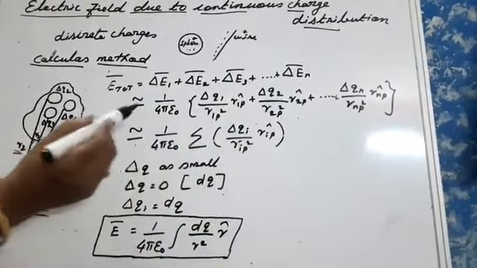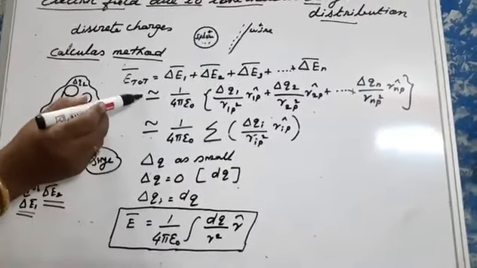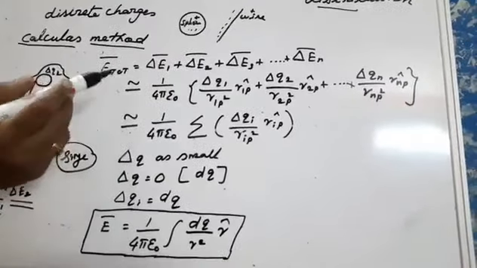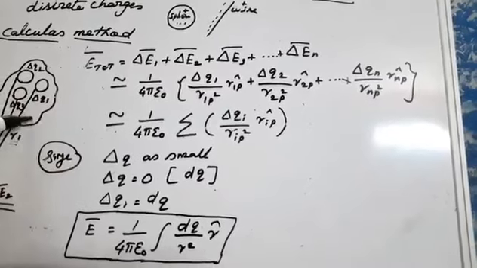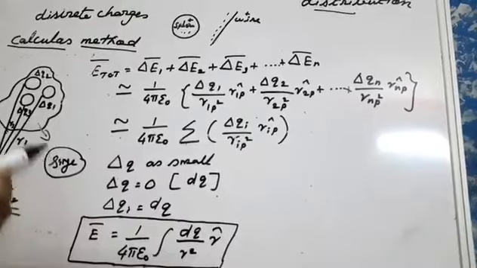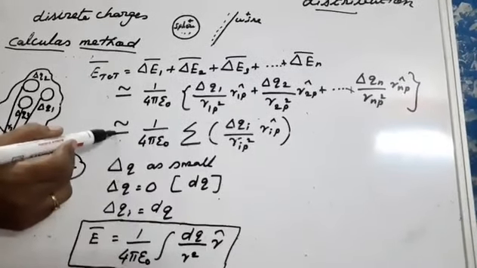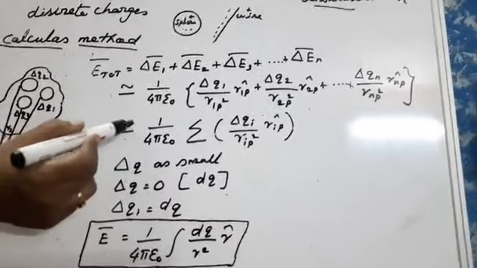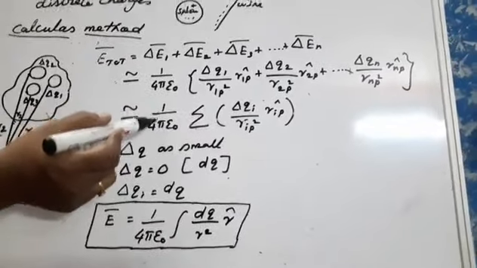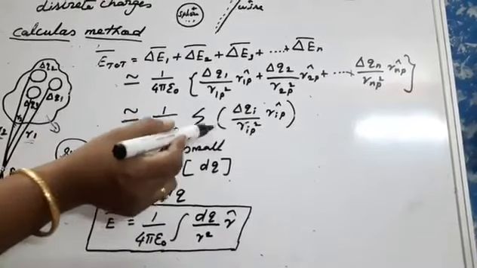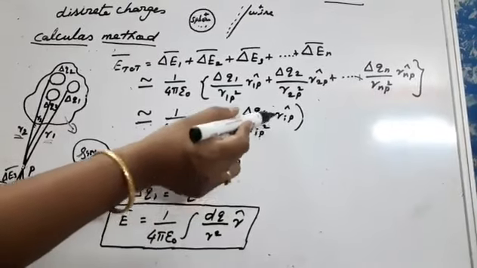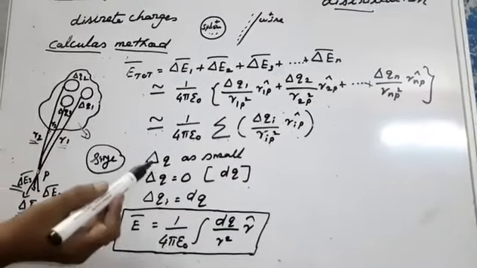By means of summation we have to take it. Here we are using the approximate symbol because this object is an irregular object. We don't know the size of the object, that's why we take the approximate symbol. Then the total value we calculate by summation: 1 by 4 pi epsilon naught summation of i equals 1 to n del qi divided by rip square rip cap.